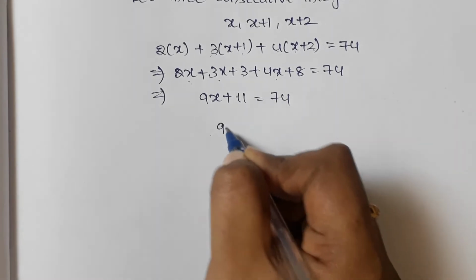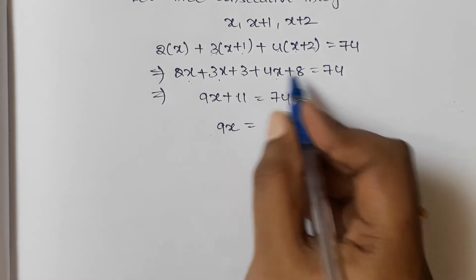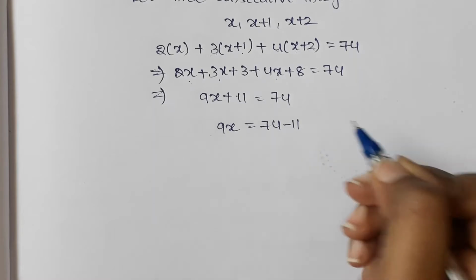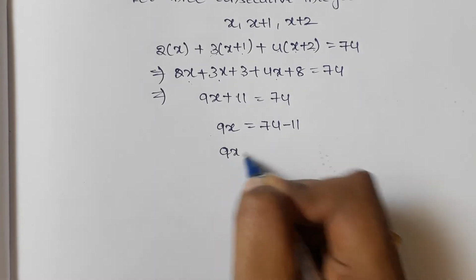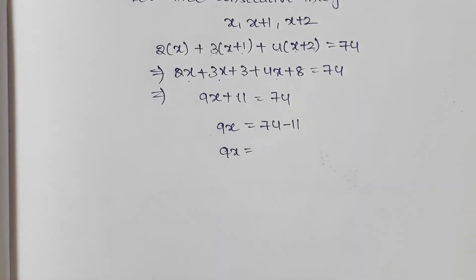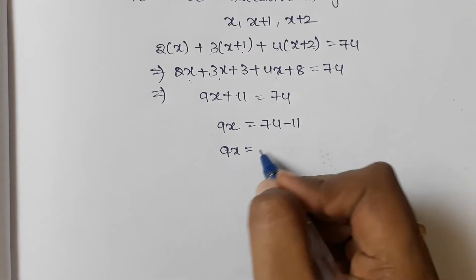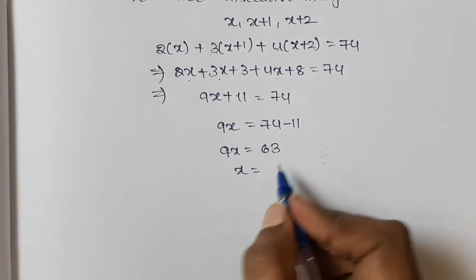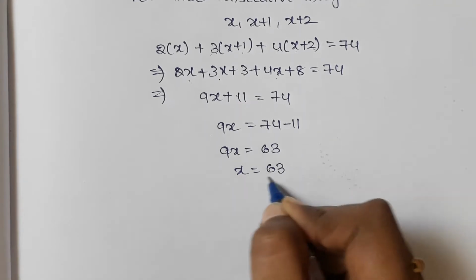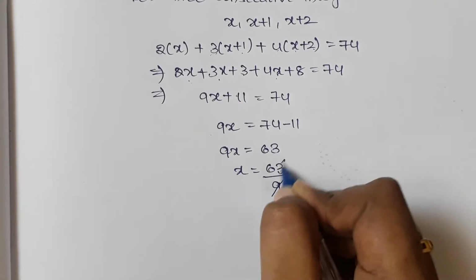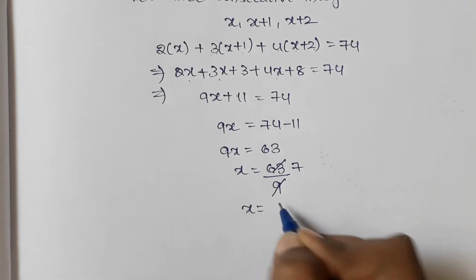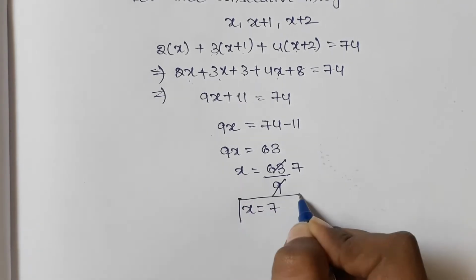And now 9x equals, this 11 to be taken to the RHS side, 74 minus 11. 9x equals 63, and x, this 9 to be transposed to RHS side, 63 by 9, that is 7, 9 7s are 63, and x equals 7.